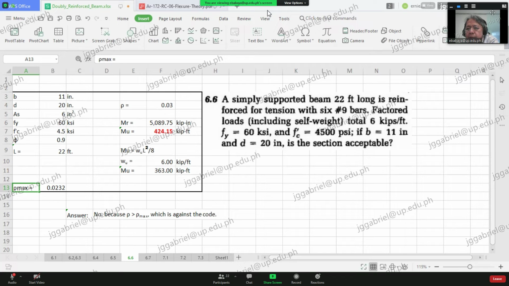The answer here is no, because the rho, which is 0.03, is greater than rho max, which is against the code. What is the purpose of the code? Why does it set a maximum? So that our reinforcements are not crowded. That will block the distribution of concrete around our reinforcements, right?